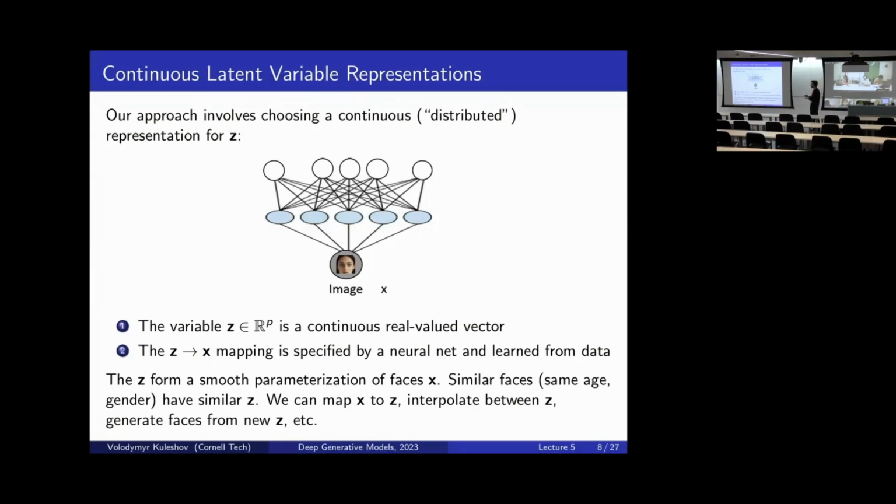And therefore, we're going to be able to do interesting things like interpolate between images, and manipulate the vector z to obtain images with certain properties. We're going to be able to visualize the z and observe interesting patterns in that latent space. The data might form interesting clusters in this continuous distributed latent space, and interpreting these clusters will give us useful insights. So yeah, this continuous latent representation will still be useful.